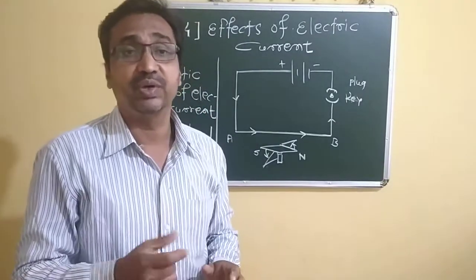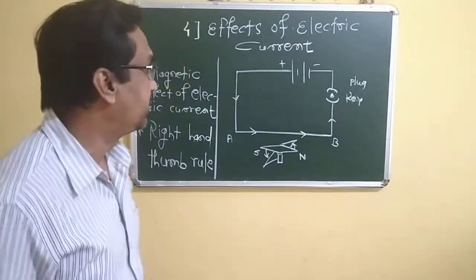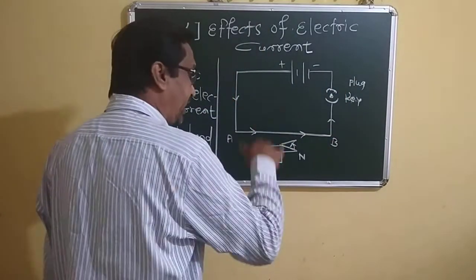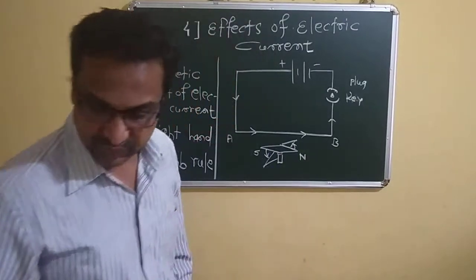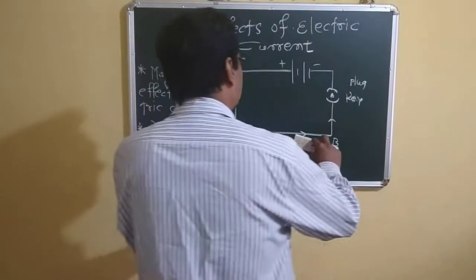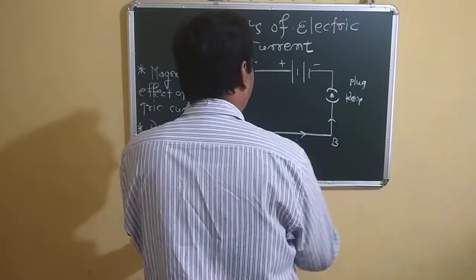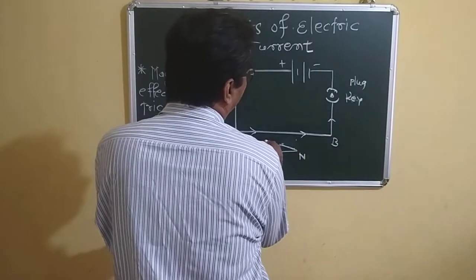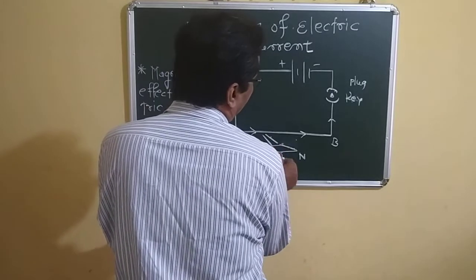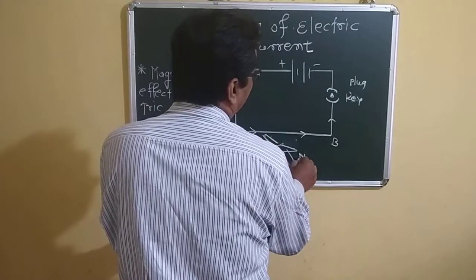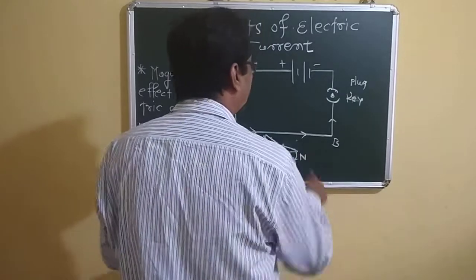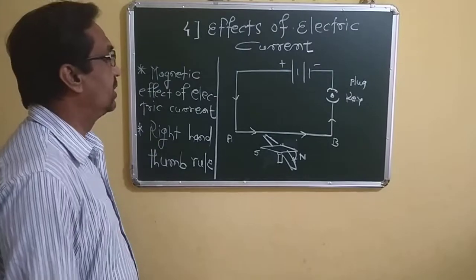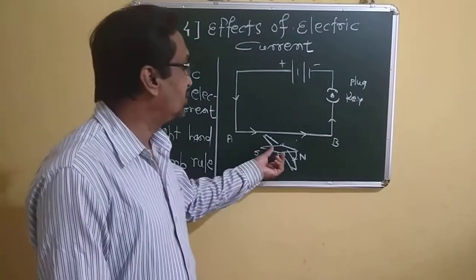In the second case, after interchanging the polarity, we realize that the current is flowing from B to A, and we find that the deflection is in the opposite direction. The first one is in the upward direction, the second one is in the downward direction.